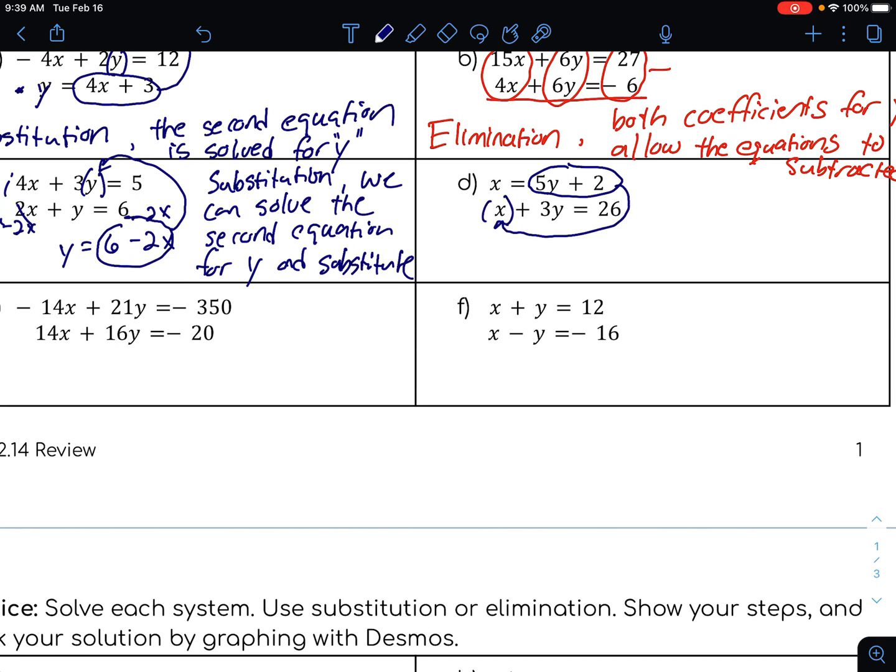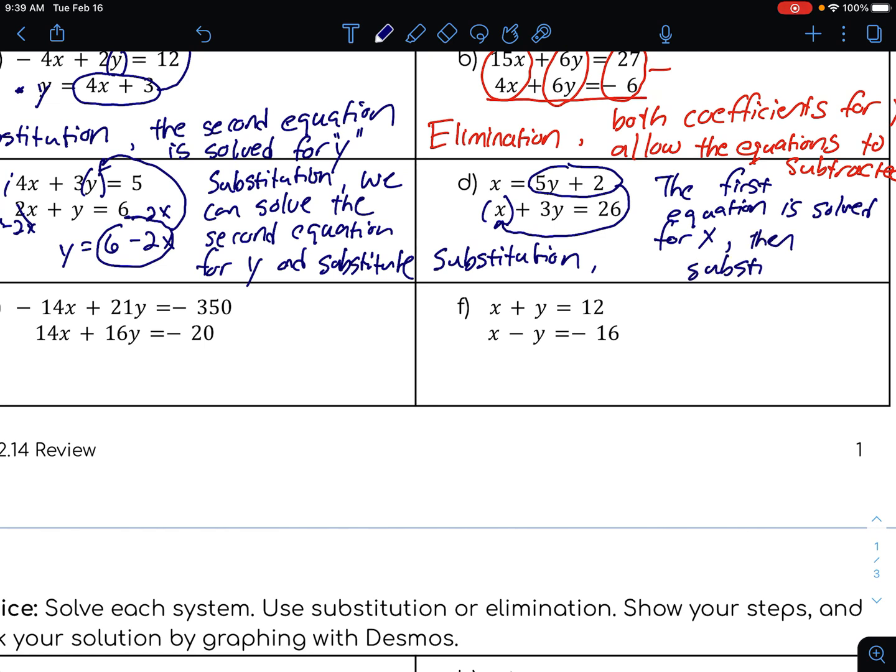Since x is equal to 5y plus 2, we can substitute that 5y plus 2 in for x. So once again, substitution. The first equation is solved for x, then substitute.